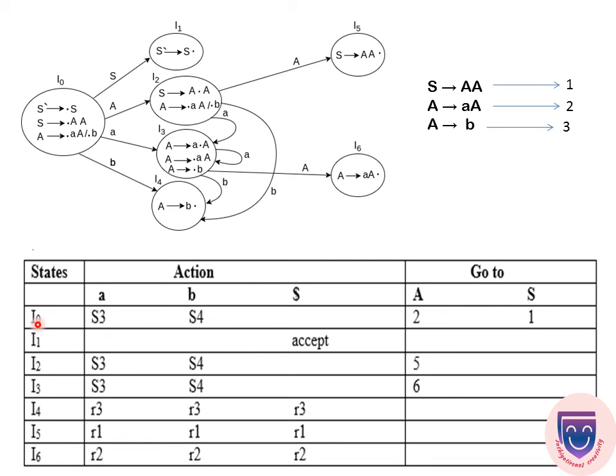In I0 on A, that is capital A non-terminal, going to I2, so we write it as 2. I2 on A going to I5, so we write it as 5. And then I3 on A is going to I6, so we write it as 6.